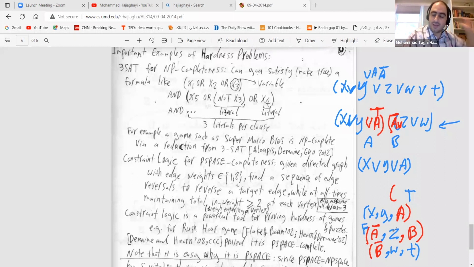In this case, either Z is true, which is desired, or if Z is false as well, then B should be true. But if B is true, then B bar should be false. So in that case, one of W and T should be correct. Is the idea clear?